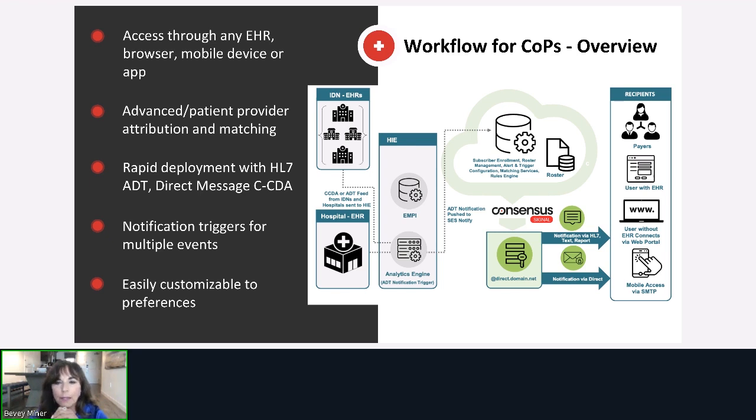And then again, consensus signal can connect up to these different rosters, patient registries, even an opioid registry, an immunization registry, whatever kind of a communication workflow or protocol needs to be communicated through that HIE.